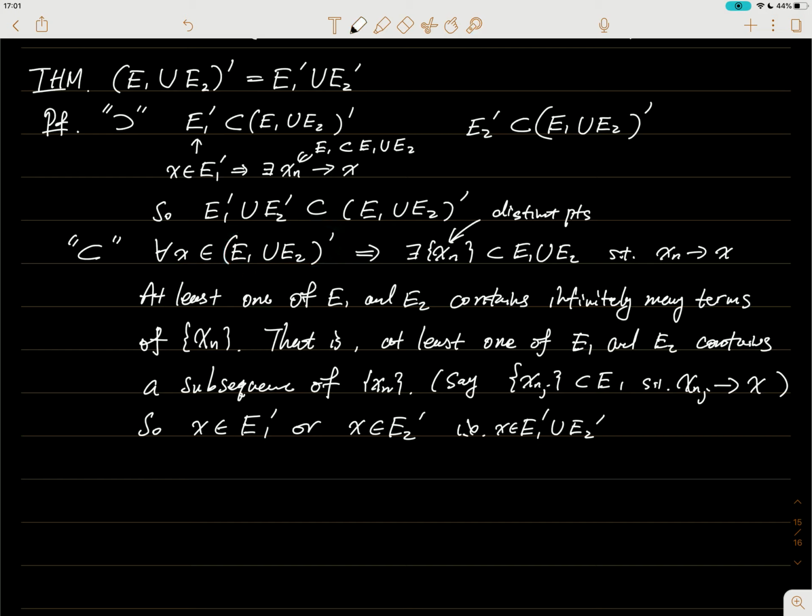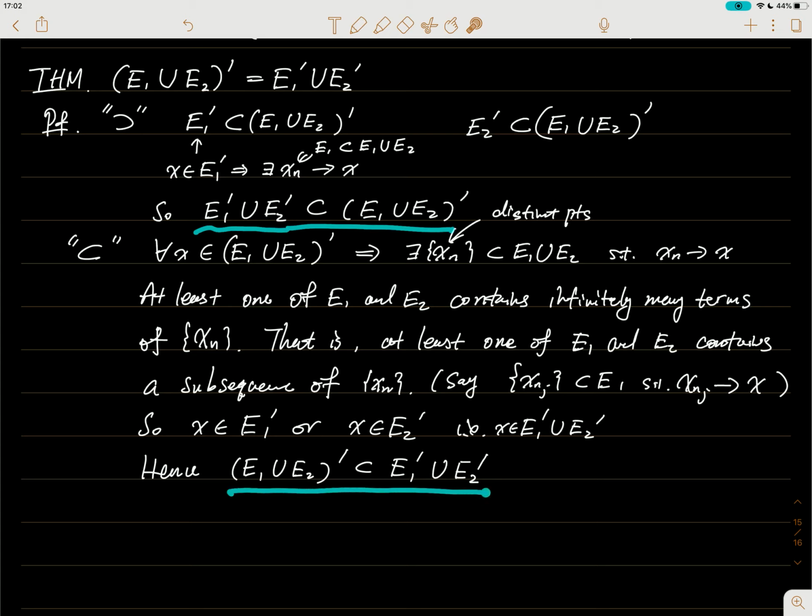Okay. The E1 union E2 prime should be a subset of E1 prime union E2 prime. So now we showed two of them. Show that this belongs to the set, and we also showed the reverse direction. And because of these two, we know these two sets are identical.